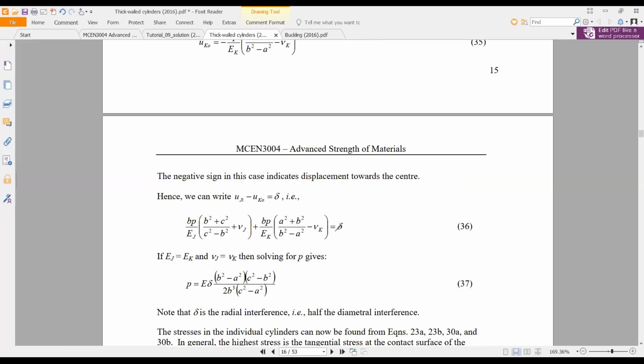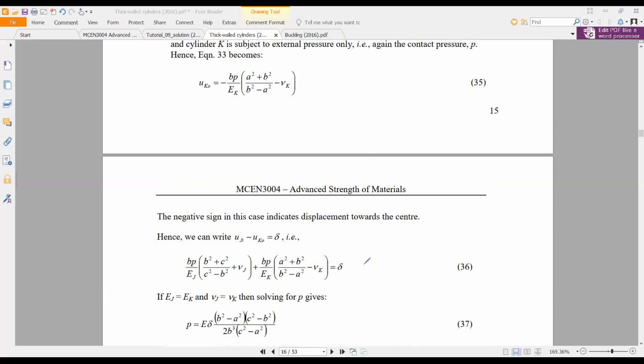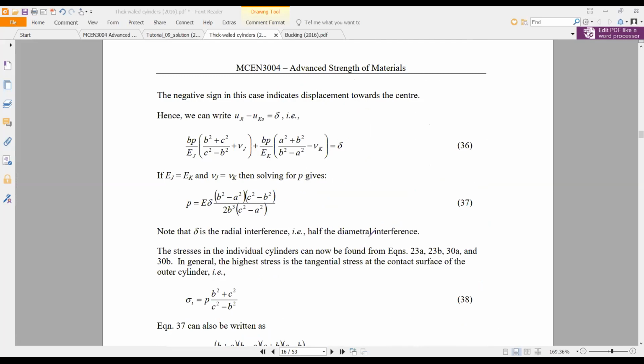And keep in mind this radial interference you calculate for one single side. So this will happen on the opposite side as well. So diametrically, it should be 2 delta. Okay. So that's why here you can see the statement, half of the diametrical interference. So if there is an expansion, you need to multiply by 2, it should be 2 delta.